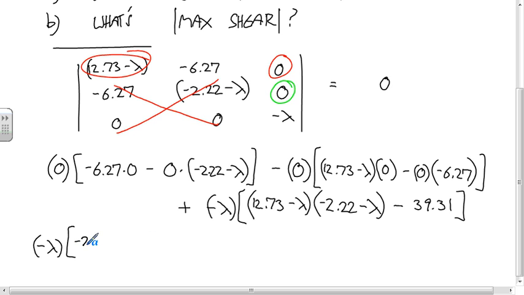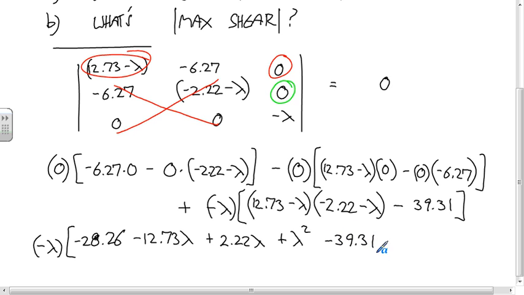Okay, so negative 28.26, and then minus 12.73 lambda plus 2.22 lambda plus lambda squared minus 39.31 is equal to 0.